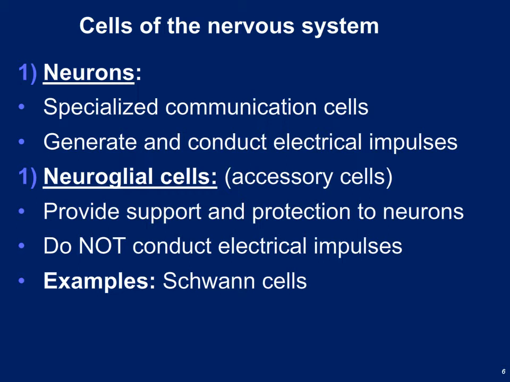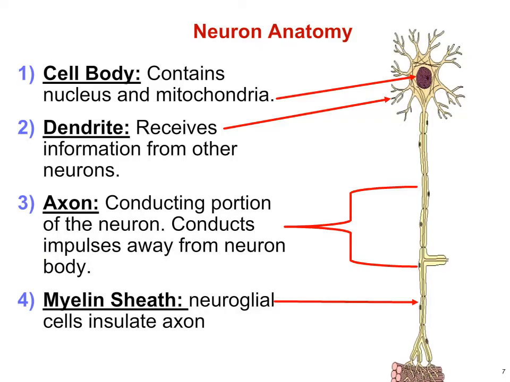They don't generate electrical potentials or charges, but they do provide support and protection to neurons throughout the body. And examples of neuroglial cells include things like Schwann cells. Now your book goes into great detail about the anatomy of a neuron. Remember, the neuron's function was to generate electrical charges that can travel long distances throughout the body in order to communicate.